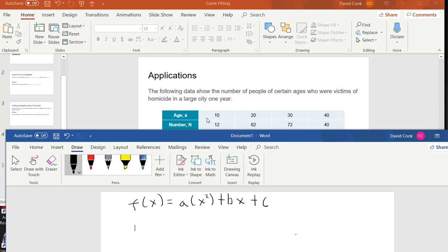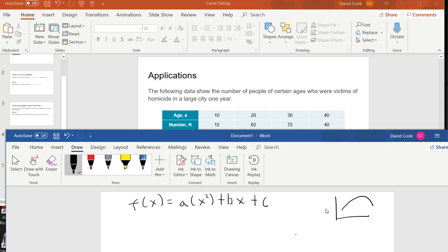If I look at my numbers, I have (10, 12), (20, 62), (30, 72), and then (40, 40).